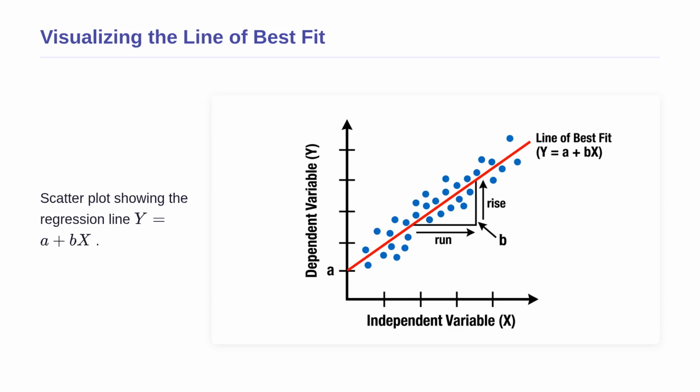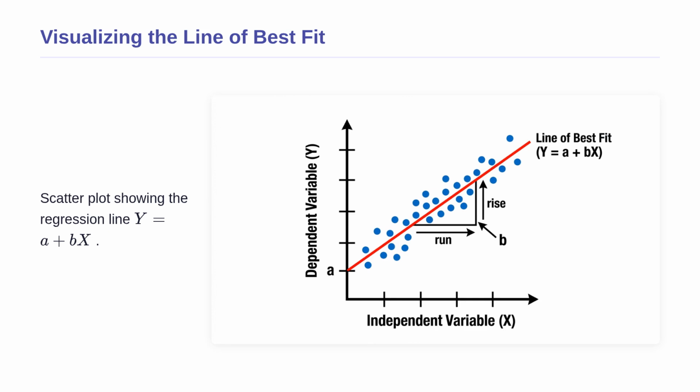To truly grasp this equation, let us visualize what it looks like on a graph. Here, you are seeing a scatter plot of data points, representing our real-world observations. The horizontal axis represents our independent variable, x, and the vertical axis represents our dependent variable, y. Notice the solid red line cutting right through the middle of the scattered blue dots. That is our line of best fit.